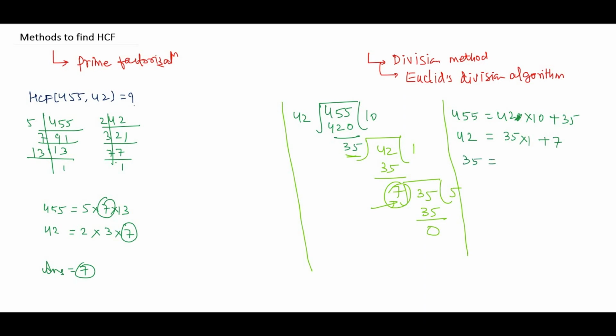Similarly, 35 can be written as 7 into 5 plus 0. Now this 7 will be the HCF. So this Euclid's division algorithm we'll be discussing in detail for word problems, right? Let's take one more example.